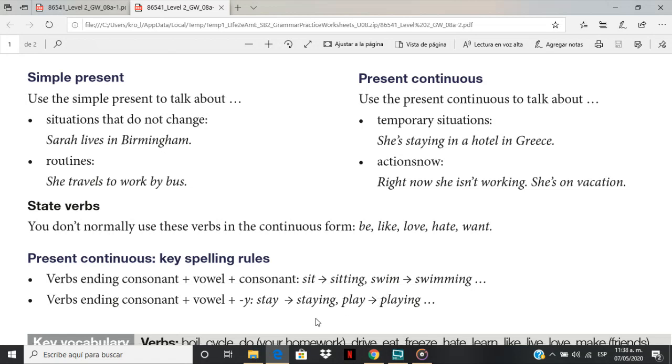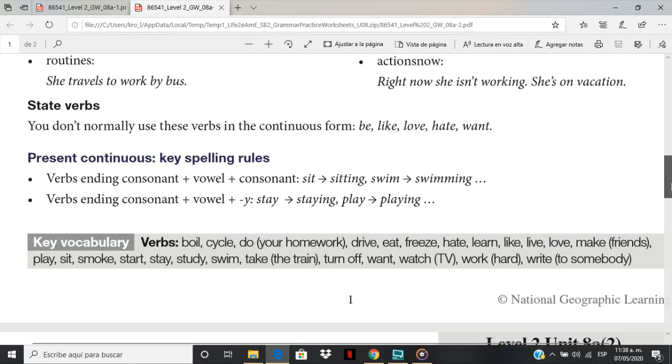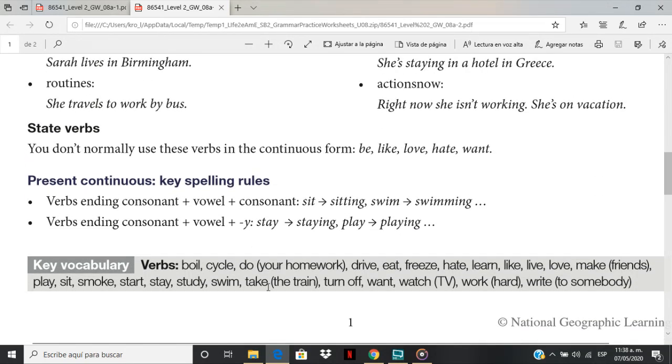So try to remember these spelling rules. These are some verbs that you can use: boil, cycle, do, drive, eat, freeze, hate, learn, like, etc. Try to work these spelling rules with these verbs as practice.